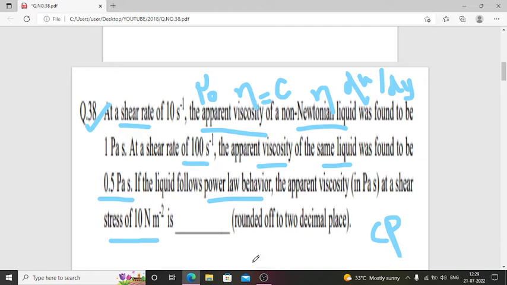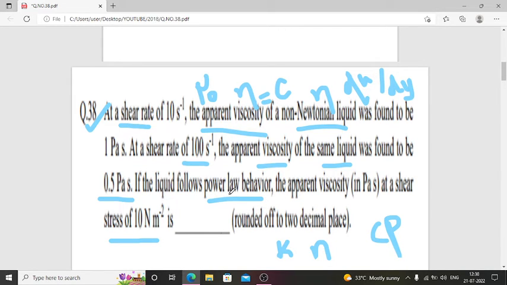The values of the flow consistency index K and the flow behavior index n depend on the range of shear rate du by dy.